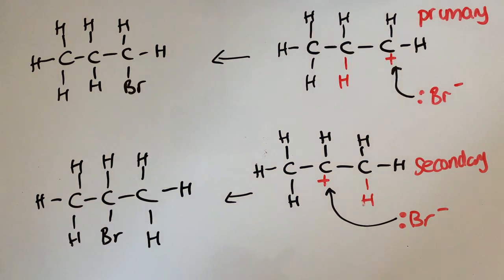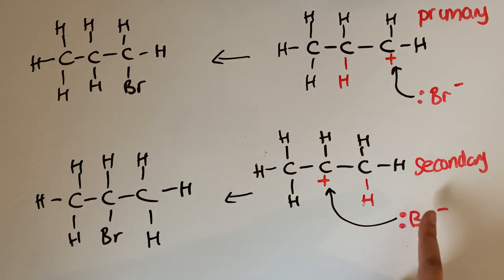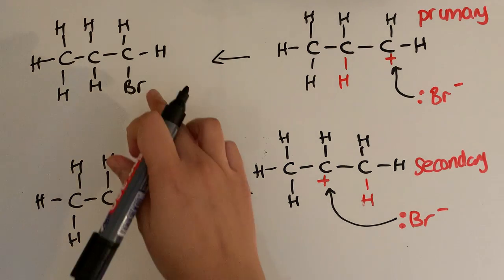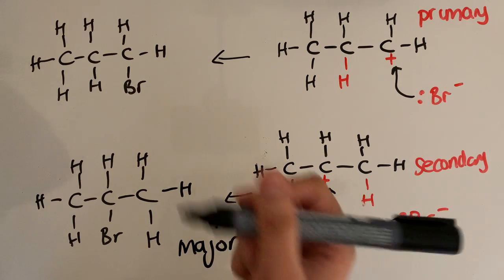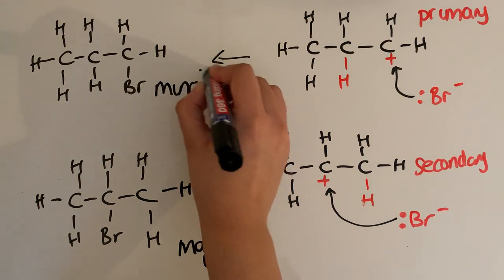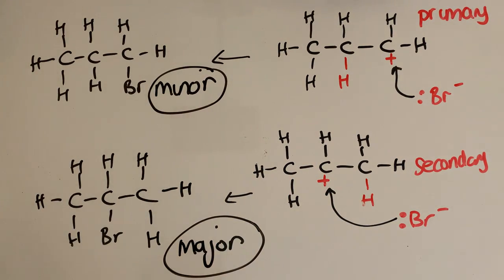Like so. As we said, because this one is formed from the secondary carbocation, and secondary is more stable than primary, this one here, where the bromine's attached to that middle carbon, is what we call the major product, or the one that's produced in the greater percentages. And this one here will still form, but it'll be a very small percentage. So this is called our minor product.